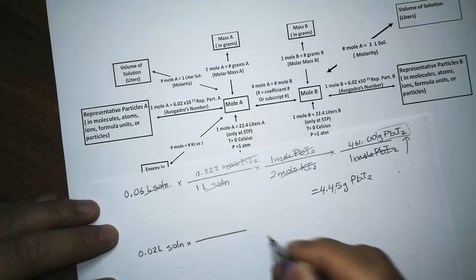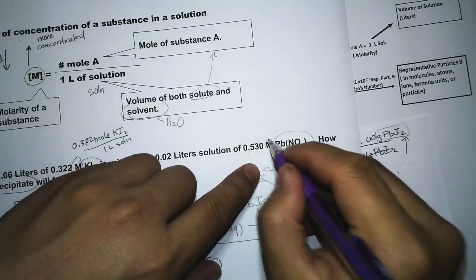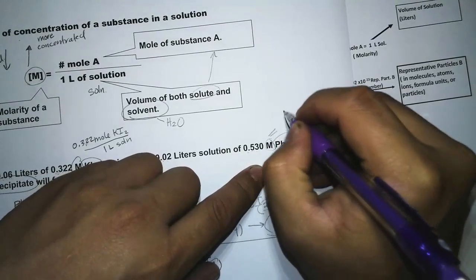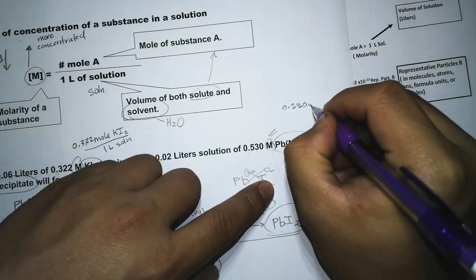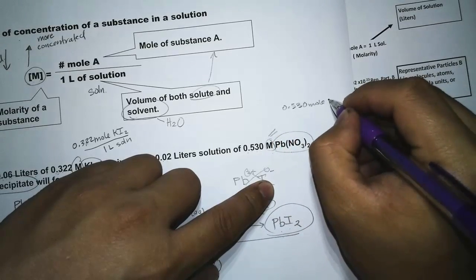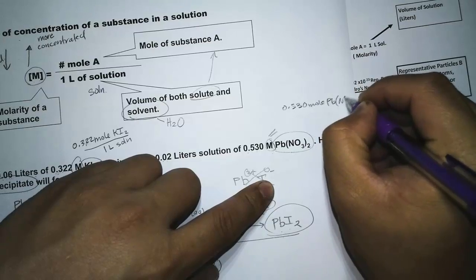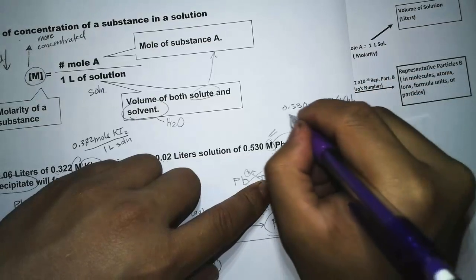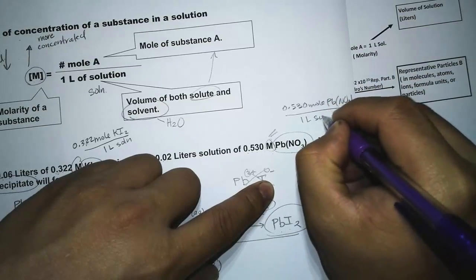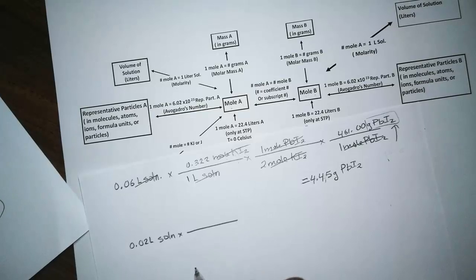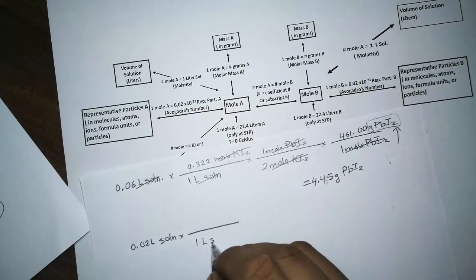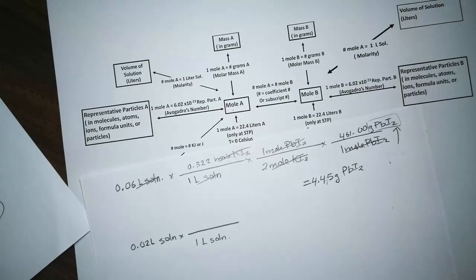And using molarity as a conversion factor, instead of thinking of this as just M, this is actually equal to 0.53 moles of lead nitrate over 1 liter of solution. So of course the liter of solution is on the bottom, which is 1, and the moles will be on top.